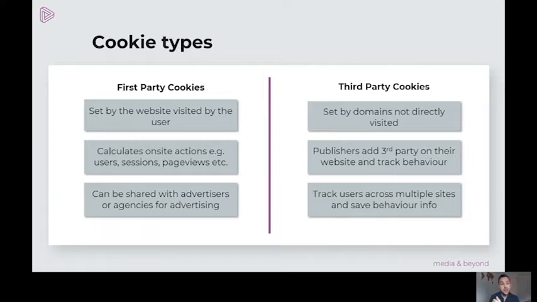It can also understand if you return to the website at a later date. Third-party cookies, on the other hand, are set by companies that you didn't visit. They're set by other domains, not the individual website you visited. These are used to understand what you're doing on that website, plus what you're doing on lots of other websites around the web, to get a fuller view of you as an individual, to be able to serve relevant ads to you.